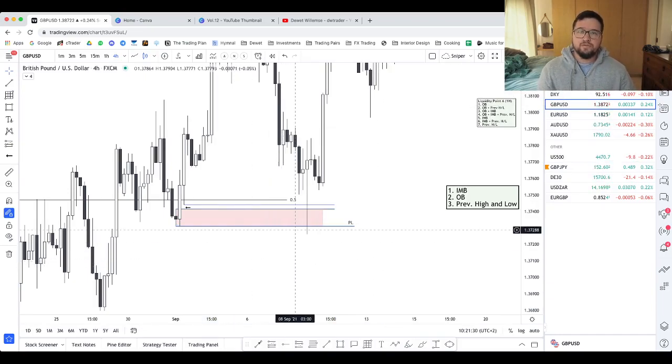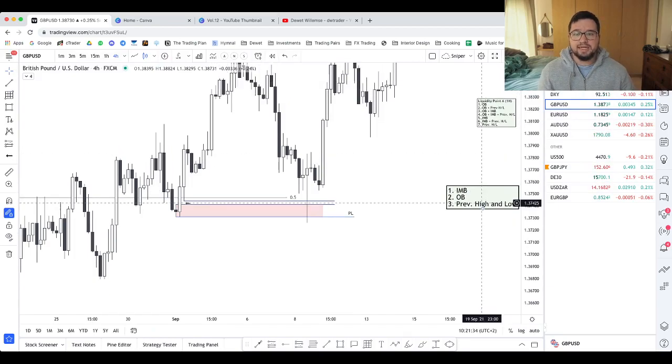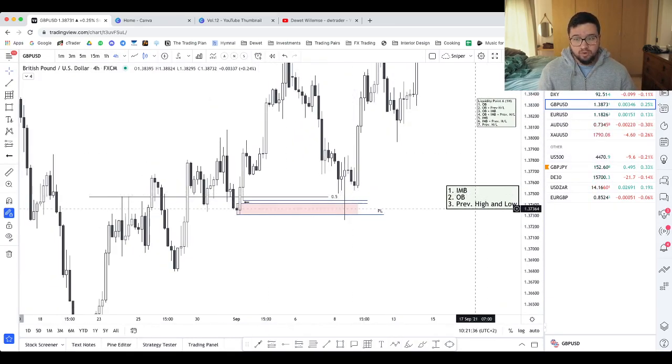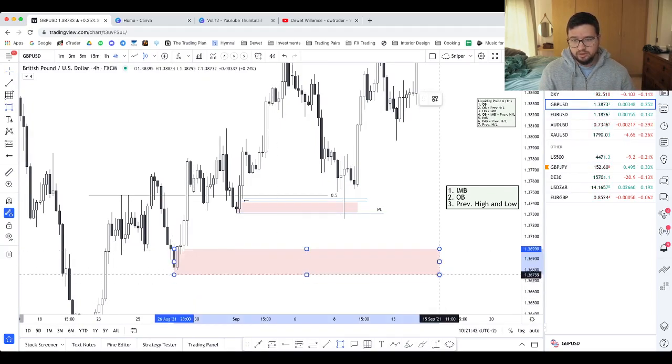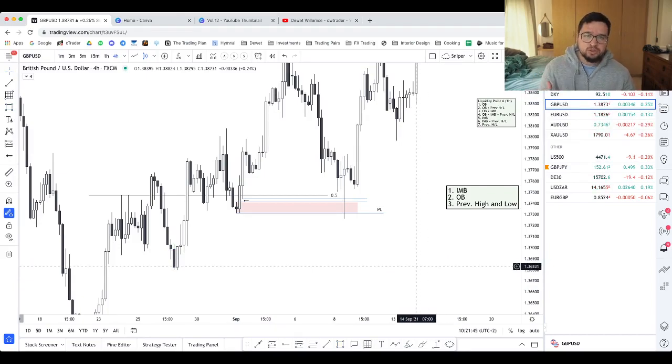So those are the first imbalance, order block, and previous high and low within the discount. There are more. We can possibly see there's another order block, and so on. But we just need to identify the first ones in the discounted area.